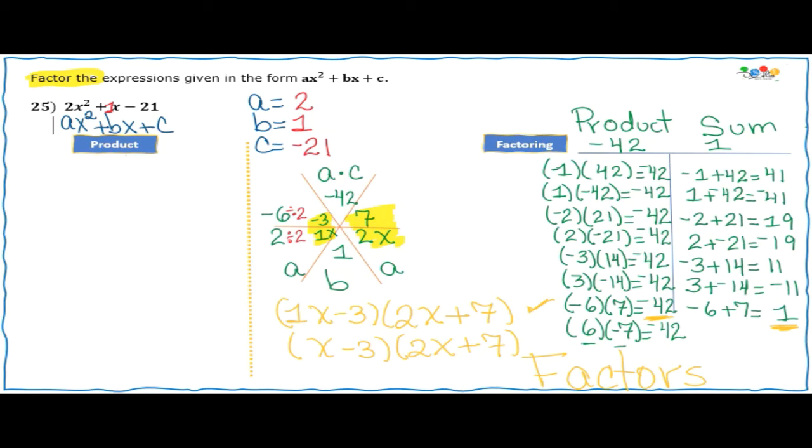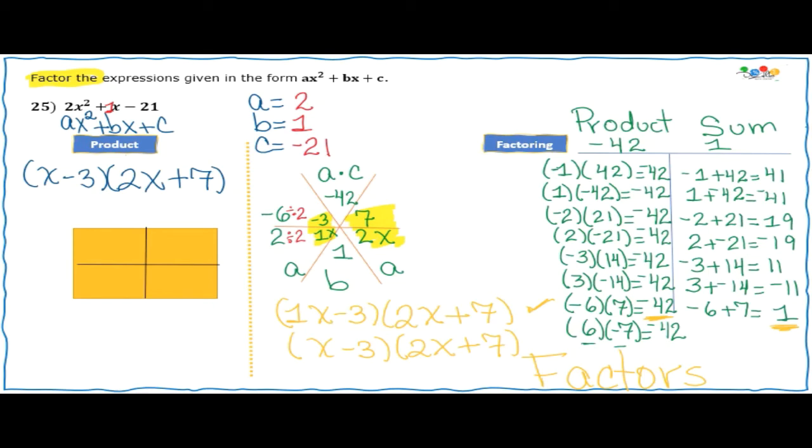So I'm going to rewrite my factors, right? So I'm going to write x minus 3, and I'm going to write down 2x plus 7. Okay? So now we are going to do the box. So let me give you a couple of seconds for you guys to draw the box.